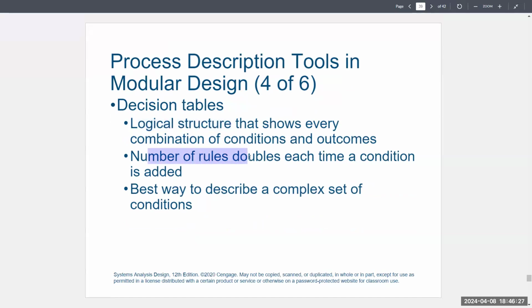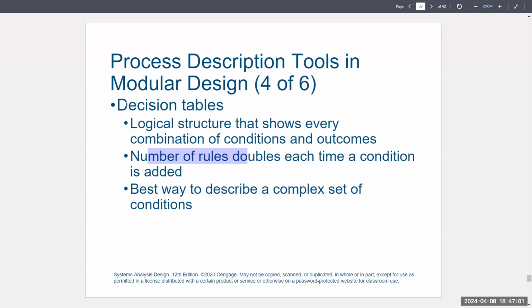If you have two conditions, then the outcome is going to be 4. If you add another condition, making it 3, the outcome is not 6, but in fact it becomes 8. Just by adding a condition, it doubles.